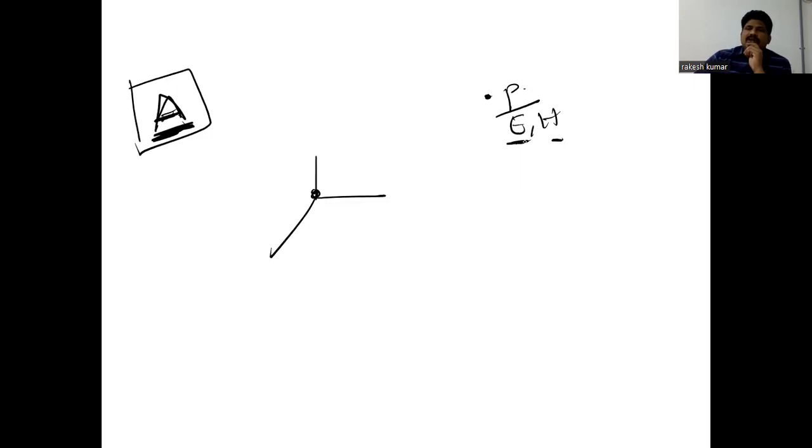So how to calculate electric field and magnetic field at that point P, due to this current element or any element? It may be a dipole or any current antenna.